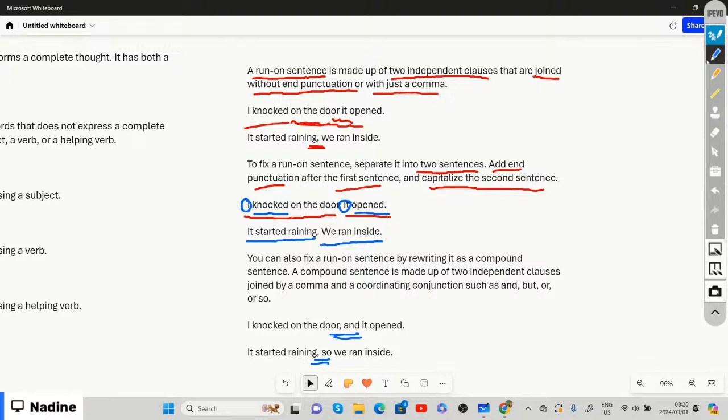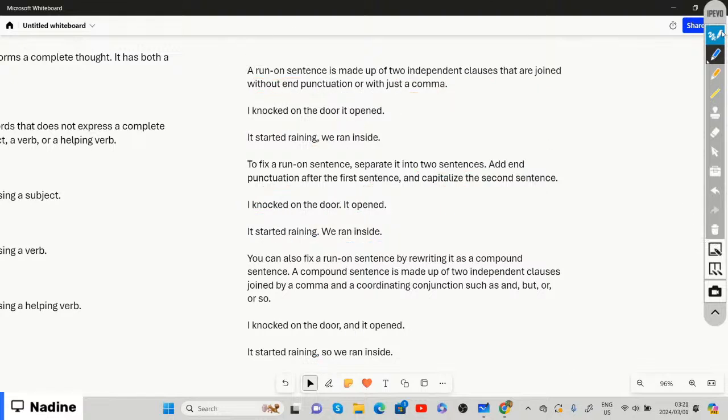All right. So basically, we went over sentences, we went over fragments, and we went over run-ons. And we said a sentence is a group of words that expresses a complete thought. A sentence has both a subject as well as a verb. Then we have a sentence fragment, and a fragment does not express a complete thought.